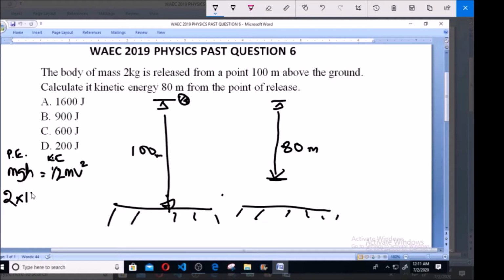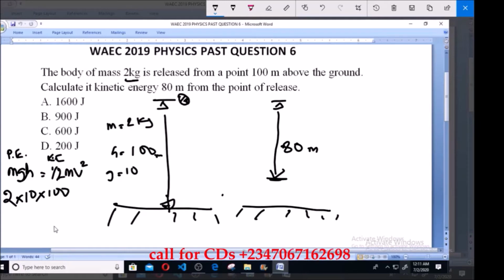Acceleration due to gravity is 10, times h, which is the height, which is 100 for this very one. So this is h. G is acceleration due to gravity, is always 10. And m is given to us as 2 kg. We can see it here. So if you calculate this, it's going to be 2 times 10, which is 20, times 100, is going to give us 2000 joules.